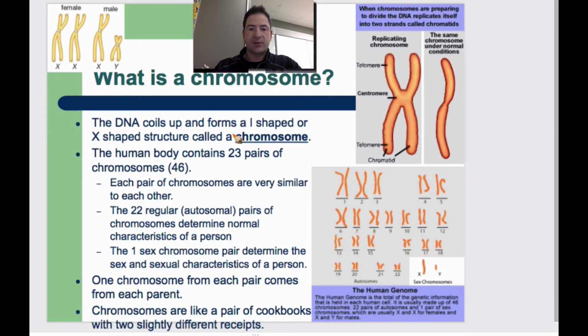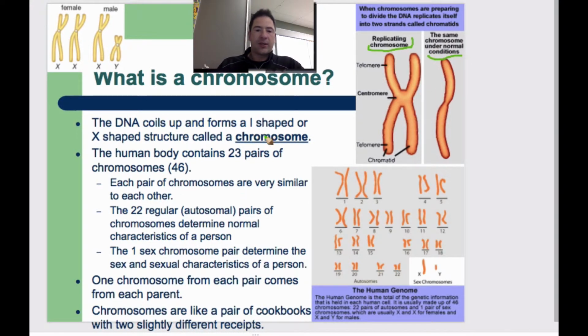On here it says it's going to be in an I or an X shape, but we're going to have I, Y, and X. The I shape or the X shape, as shown here and here, represent 2 different things. The X shape is a replicating chromosome, whereas this is a chromosome under normal conditions before it's replicated.